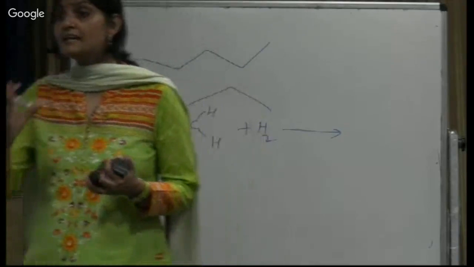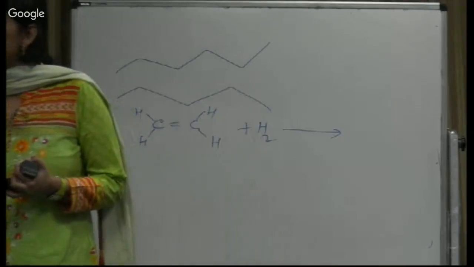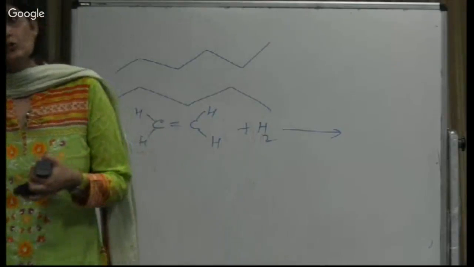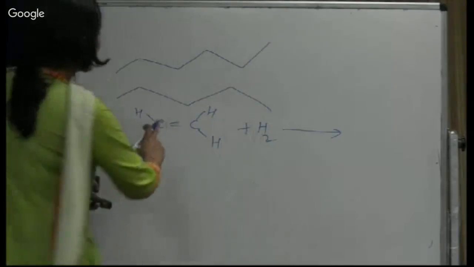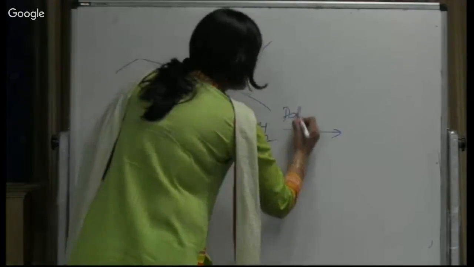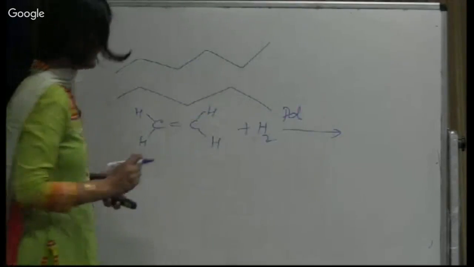So alkenes will add 1 molecule of hydrogen to form alkanes, whereas alkynes will add on 2 molecules of hydrogen, right? If I have ethylene here, I'm doing the reduction with palladium.